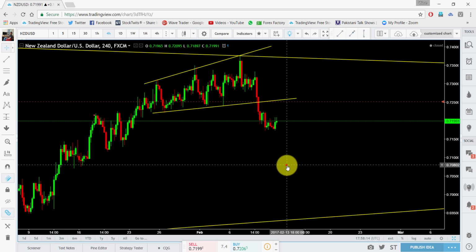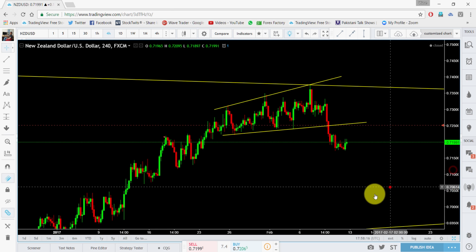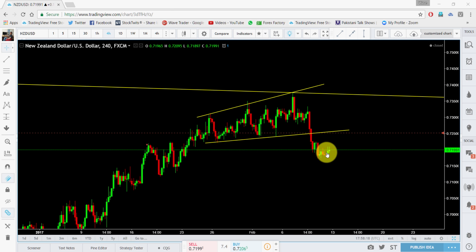It is also possible that the impulse is going to change itself, not form a continuation pattern, and start to rise back again to the upside. If you see this kind of price action here, then you need to look for sell at the top again.